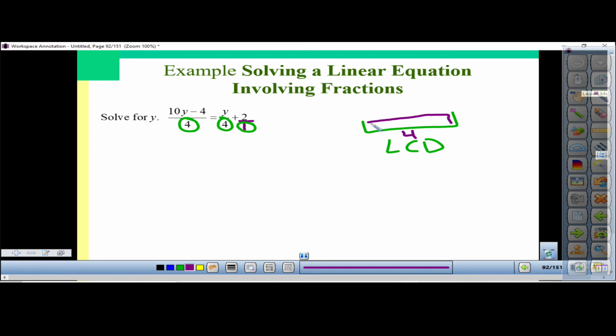That thing is a perfect fit for that 4. How about the 1? Sure, you could put 4 ones here. Here's 1, here's 2, here's 3, here's 4: 1, 1, 1, 1. You could put 4 ones with no leftover. That's why the 4 is perfectly fine. It's a least common denominator, and it's perfectly fine for both of these numbers, the 4s and also the 1.